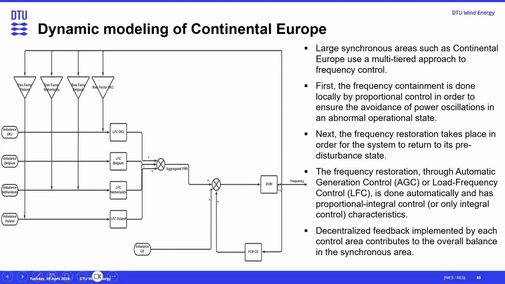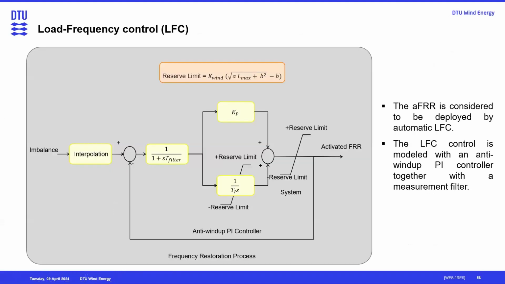And then we have again the power system model, which we also call equation of motion, which is modeled through the inertia and the damping. And then it will tell what is the frequency quality and how much is to be activated. In order to quantify the aFRR, we have some empirical formulation, and there are other methods as well.